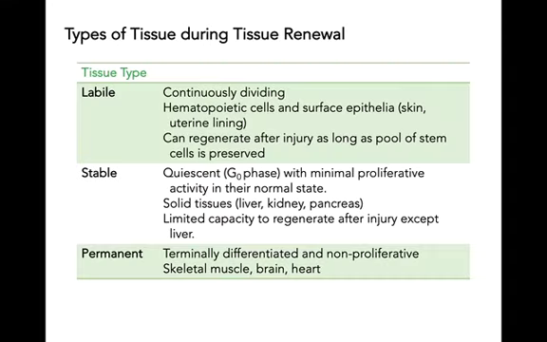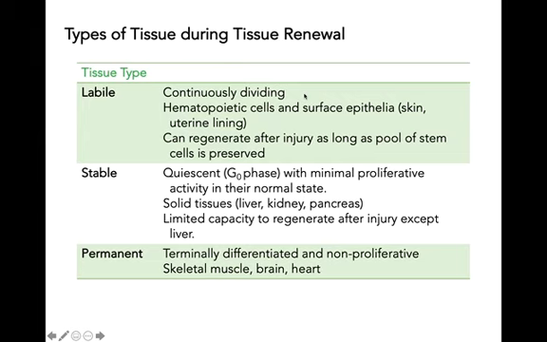And now, with regards to tissue repair and tissue renewal, the different types of tissue can be divided accordingly. Okay? There are 3 types. So, aralin nyo to. When we say labile cells, di ba, parang sensitive siya, labile. These are cells or tissues that are continuously dividing.